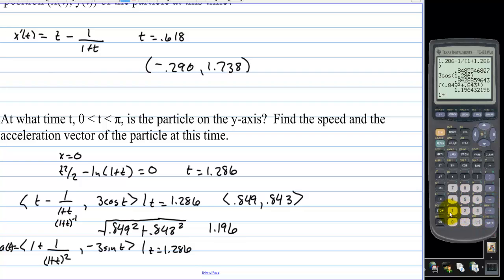We have 1 plus 1 divided by 1 plus 1.286 squared, and we get 1.191. So 1.191, comma, I need negative 3 sine of 1.286. And that is negative 2.879.